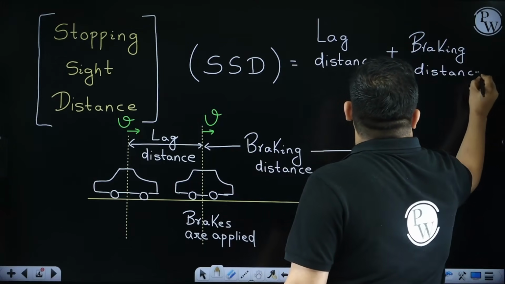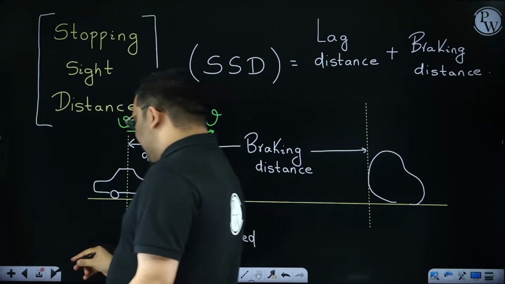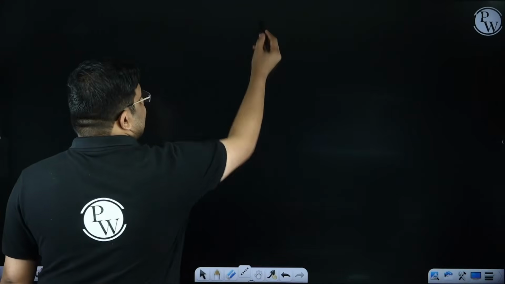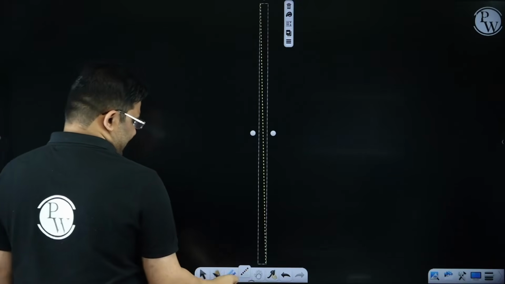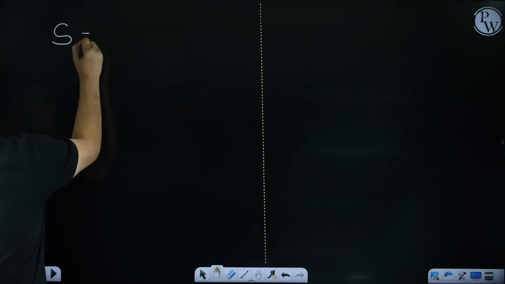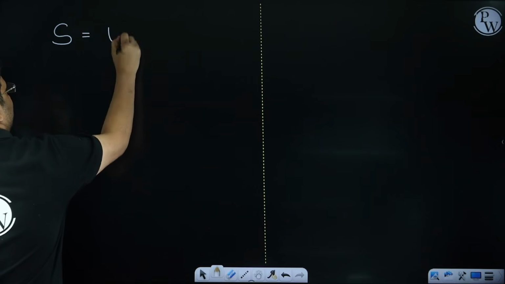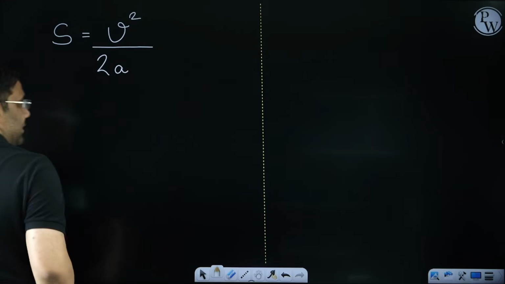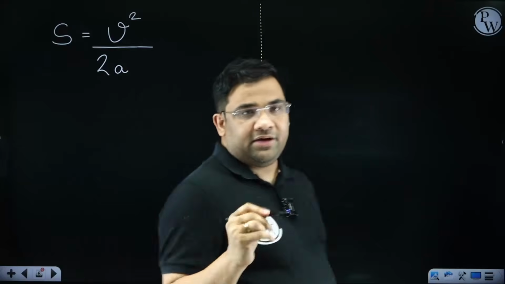Now we know that when the vehicle is decelerating, or I can say the acceleration rate is negative, deceleration or retardation, the distance traveled is equal to speed square by 2a. This is an equation from kinematics we have studied in our childhood.